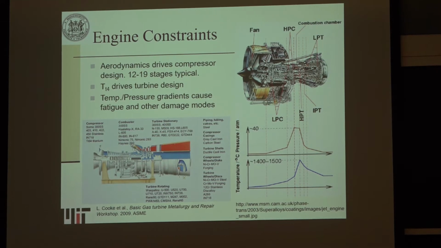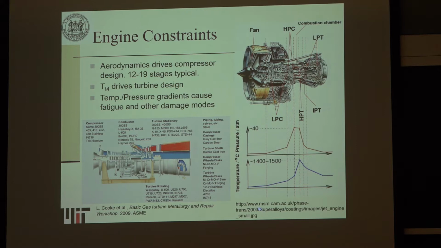You want to get as high as possible turbine inlet temperature so you can get the best efficiency overall in the engine. And they're now at the point where the turbine inlet temperature is above the melting point of the nickel-based superalloy, or whatever alloy they typically will use in that section.